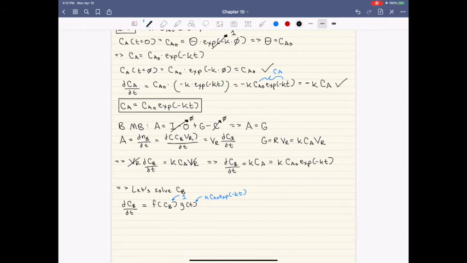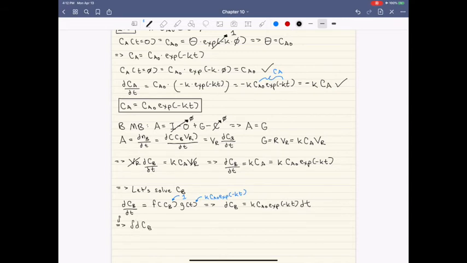So to solve this differential equation, we'll move all the Cb stuff to the left-hand side, and we'll move all the t stuff to the right-hand side: K Ca naught, exponential negative Kt dt. We're now going to take an indefinite integral of both sides.